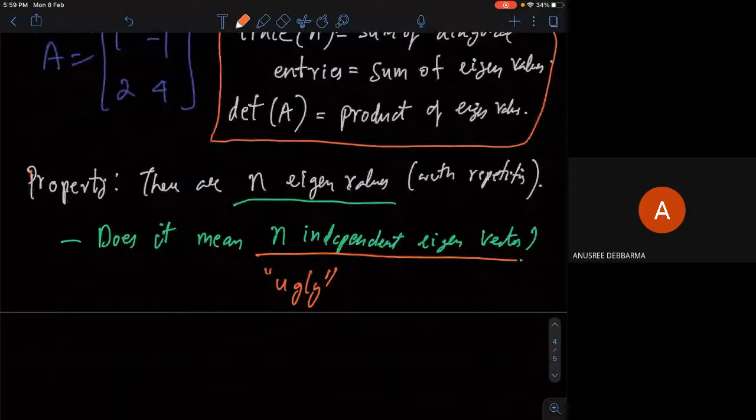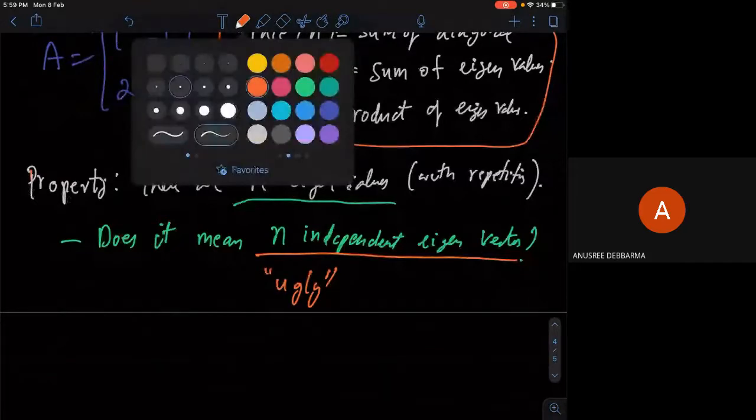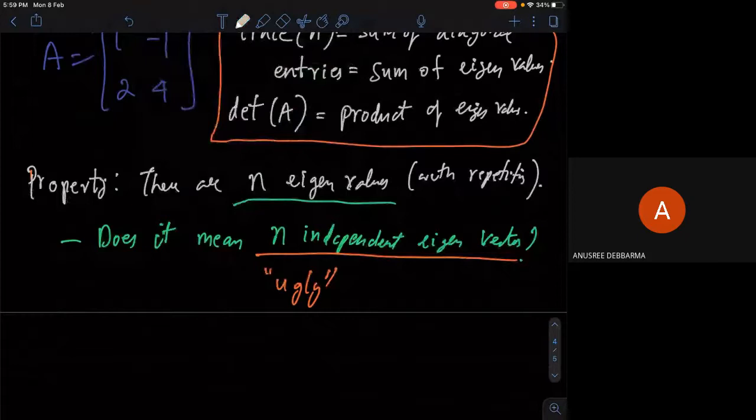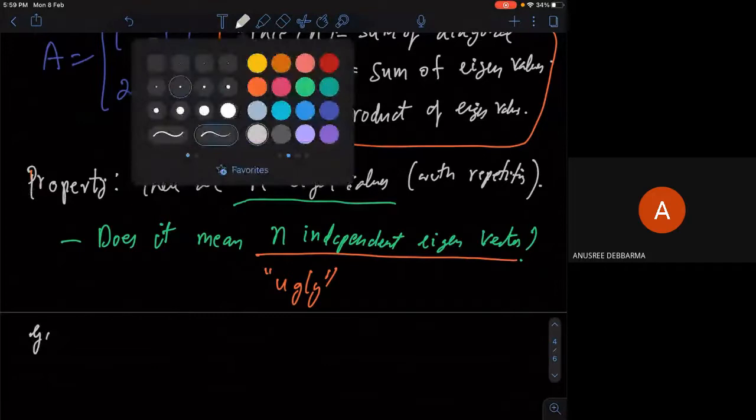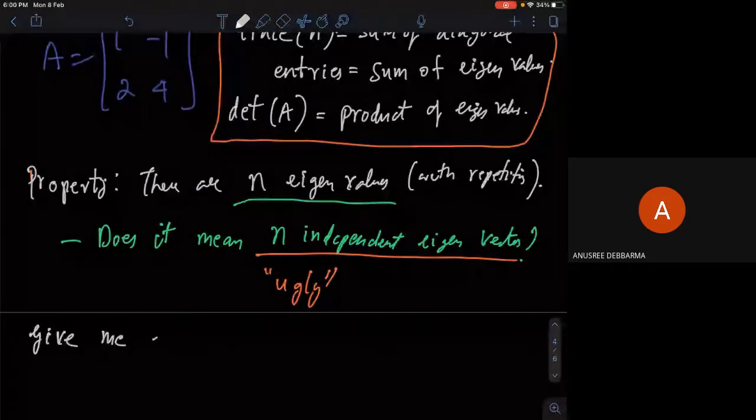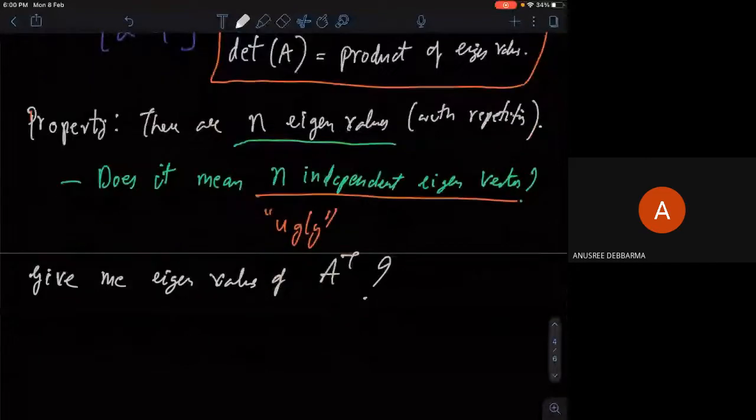So now another trick question. Can you give me the eigenvalues of A transpose? What would be the eigenvalues of A transpose?